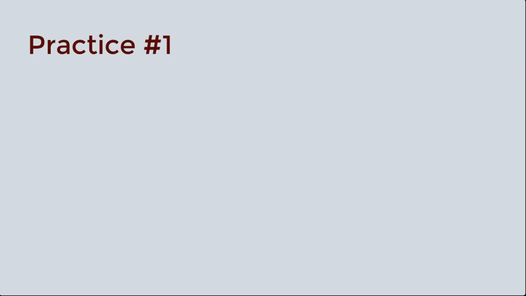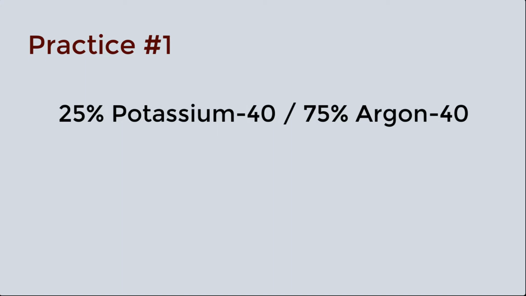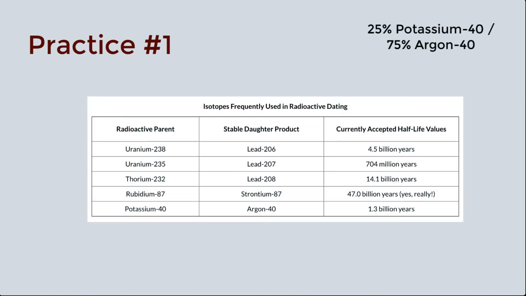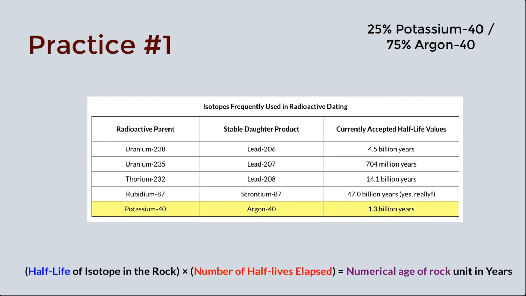Let's start our practice by using an example of a rock that was determined to contain 25% potassium-40 and 75% argon-40. Now, the first thing we want to do is refer to our table. Our table tells us that the pair of potassium-40 and argon-40 has a half-life of 1.3 billion years.